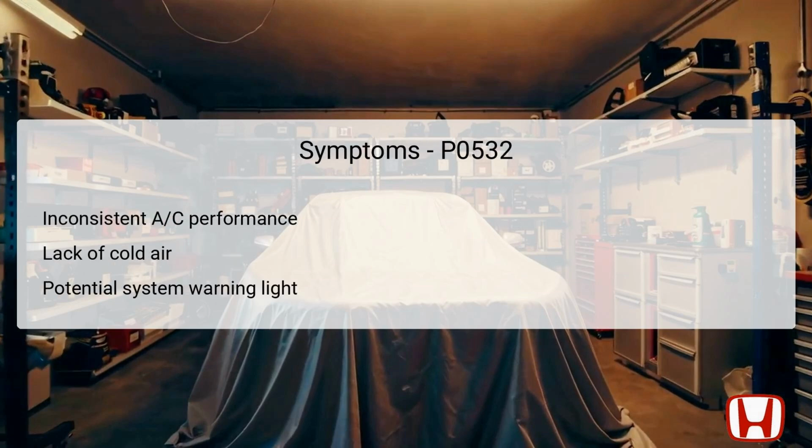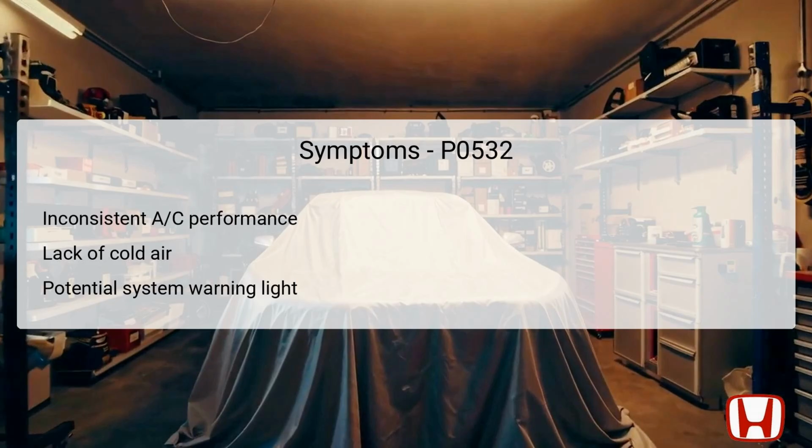Symptoms that could indicate the DTC P0532 include inconsistent performance of the air conditioning system, where it might not blow cold air as expected. Drivers may also notice unusual changes in air temperature or any lag in air conditioning operation.